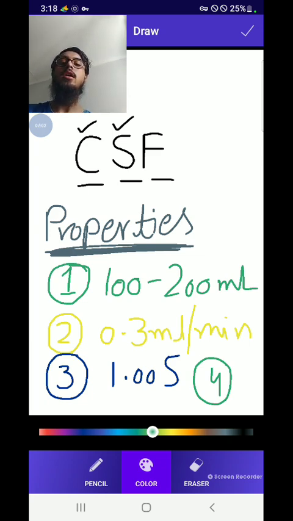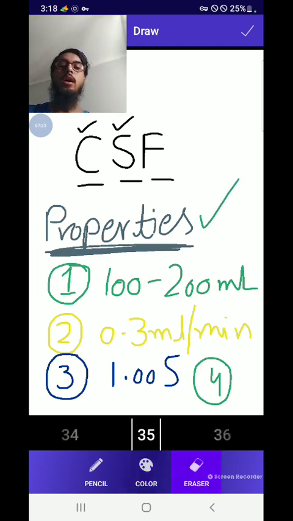So guys, these are all four properties of the CSF. You must remember the location of the CSF, the production of CSF, the pathways followed by the CSF as it travels all around the brain in the subarachnoid space and the central canal of the spinal cord, and the properties of the CSF.